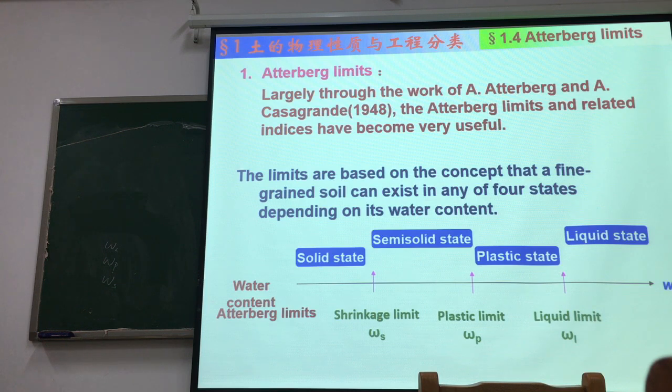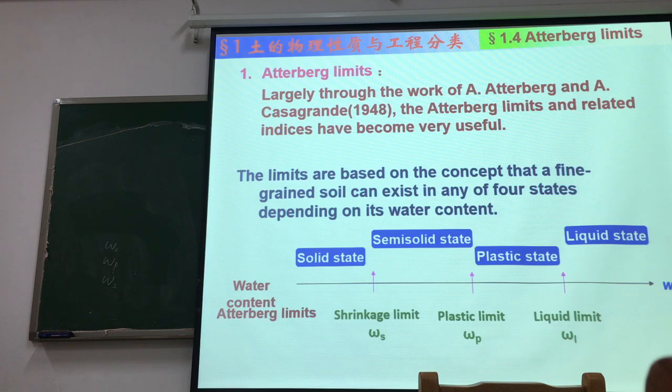In our textbook, 13.4, the water content of the soil at which the soil transforms from the liquid state to plastic state. Here's a water content with the definition of liquid limit. The water content of the soil at which the soil transforms from liquid state into plastic state.